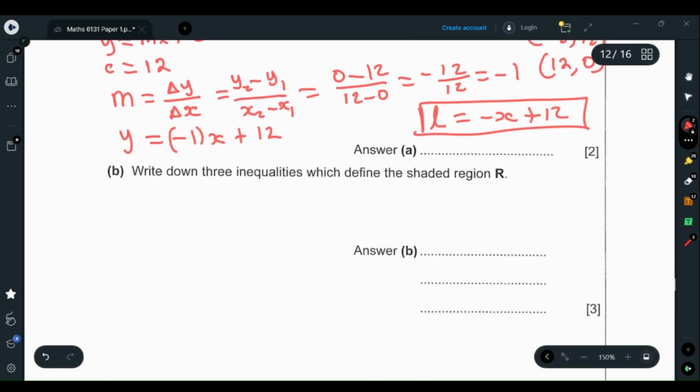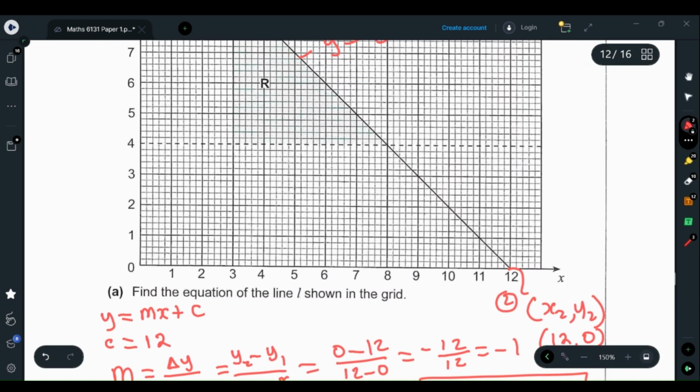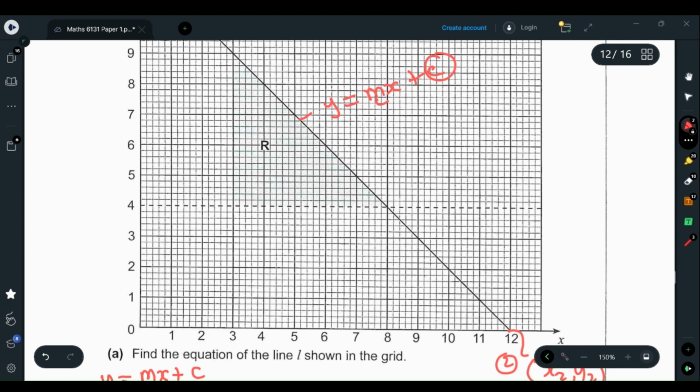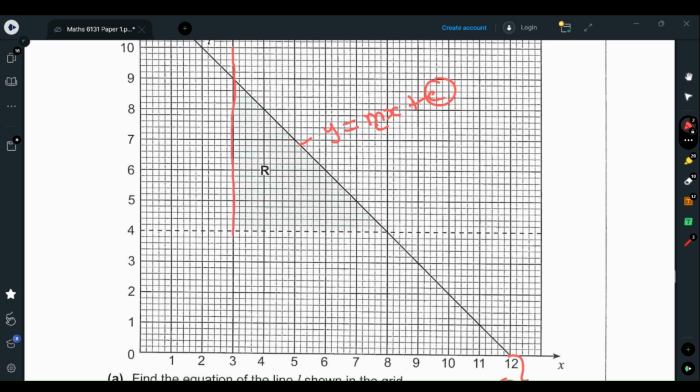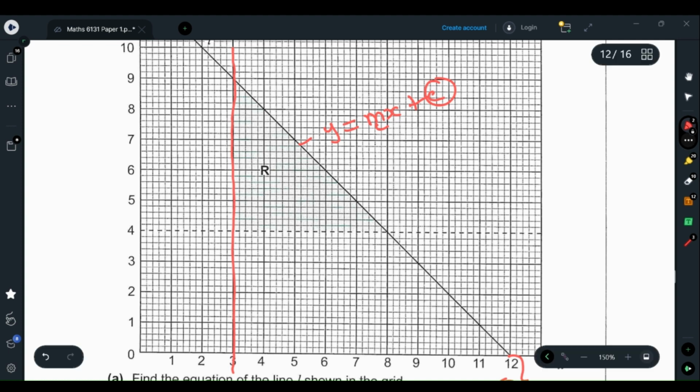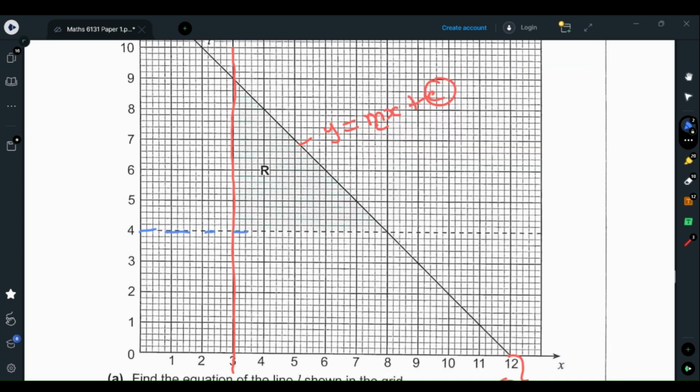Moving on to question B. Write down 3 inequalities which define the shaded region R. In this case, I do not see the shaded region R clearly, so I'm assuming this line here going past 3 is a solid line, and we have a dotted line here.